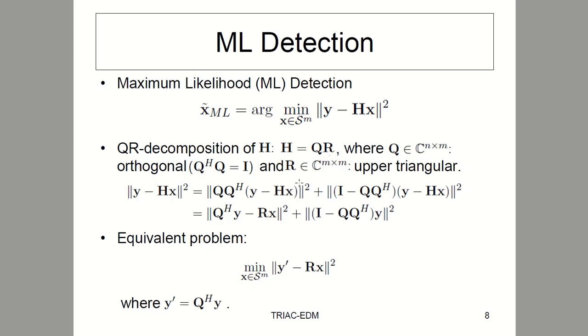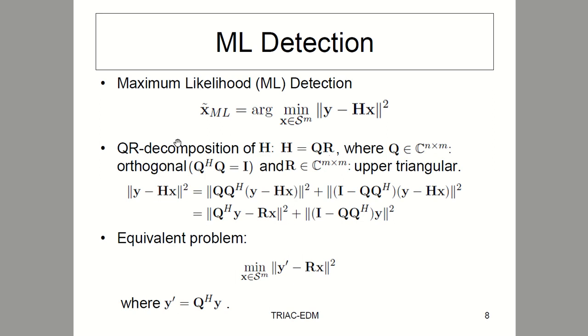Okay. And the most common detector is the maximum likelihood detector. The maximum likelihood detector goes like this: x_ML equals the argmin of the norm of y minus Hx squared.